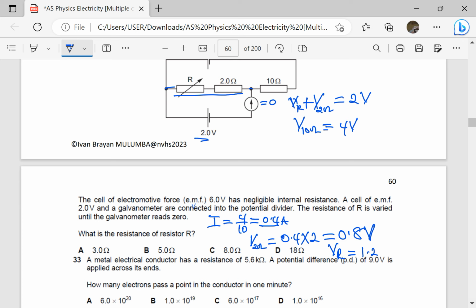That is the PD across R. Since the current is the same, 0.4, we shall find the resistance from the PD over the current. So the resistance is going to be 1.2 divided by the current, 0.4.